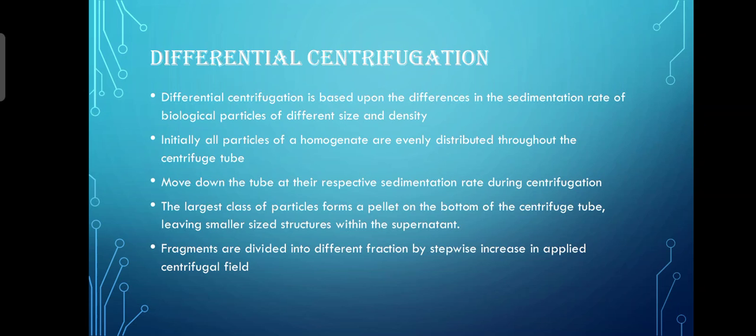The particles move down the tube at their respective sedimentation rates during centrifugation. The largest class of particle forms a pellet at the bottom of the centrifuge tube, leaving smaller sized structures within the supernatant. Fragments are divided into different fractions by stepwise increase in applied centrifugal force.